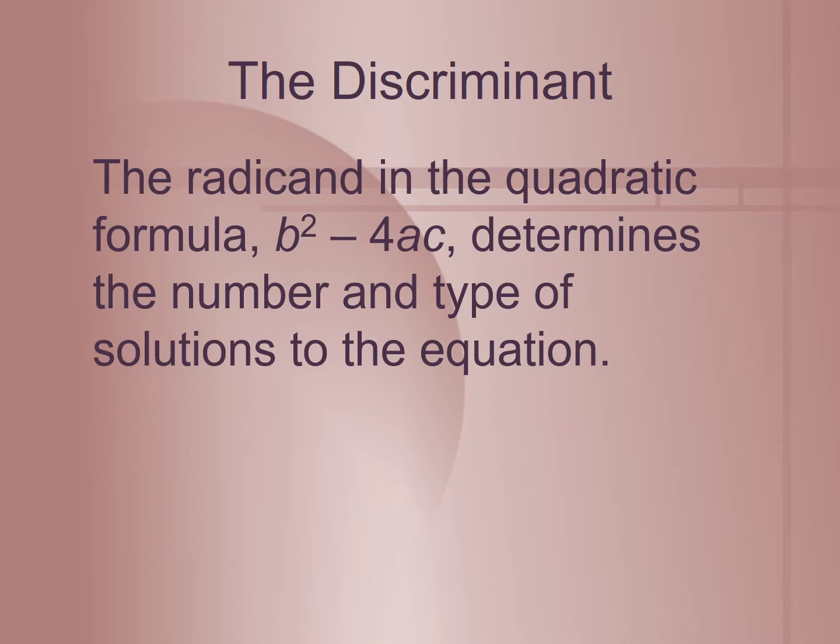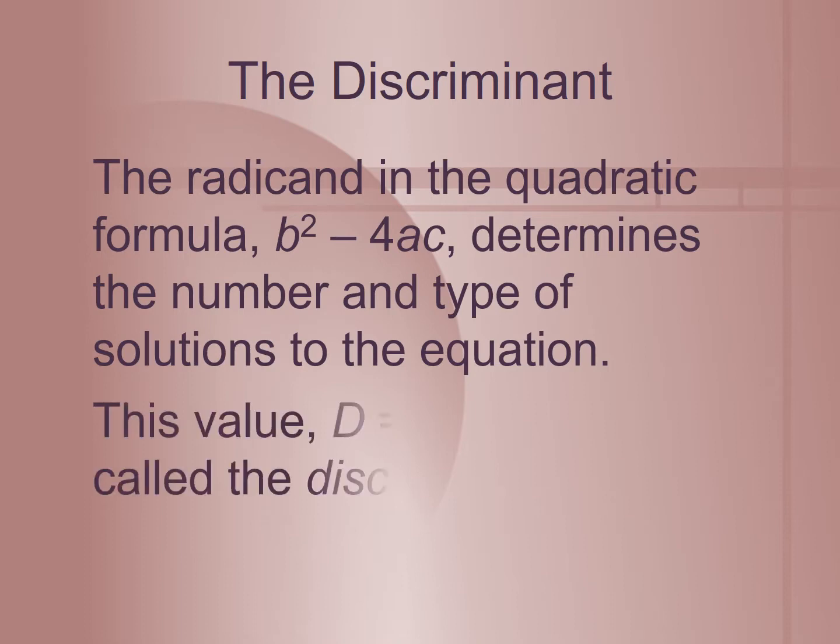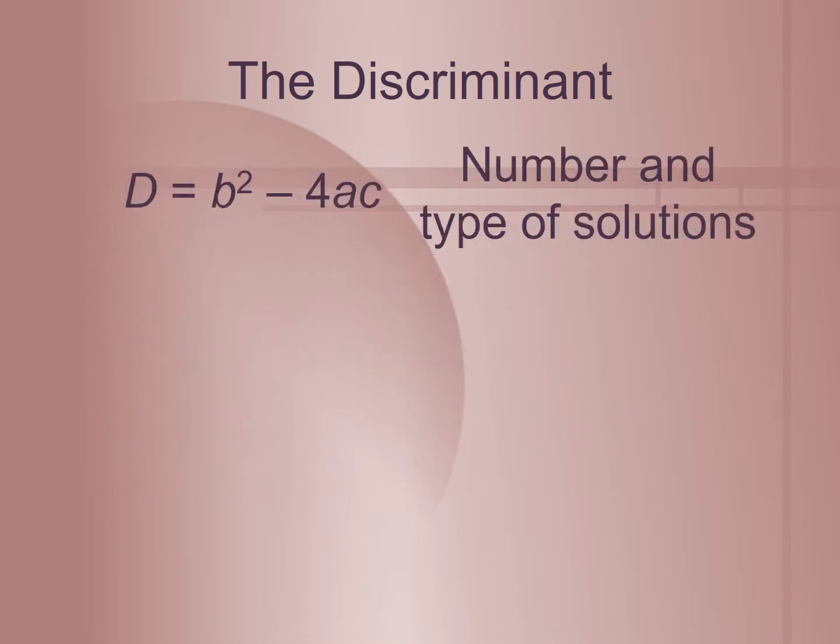The discriminant is important because it's going to tell you how many solutions you have and the type of solutions you're going to have for the equation. We use a capital D to stand for discriminant, and it's equal to b squared minus 4ac. Again, the discriminant tells us the number and type of solutions for our equation.